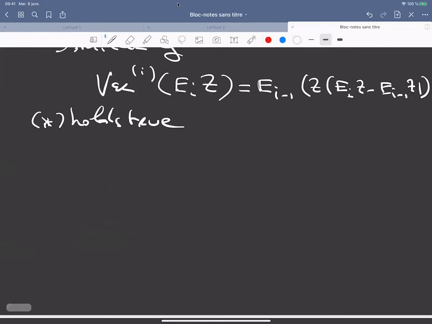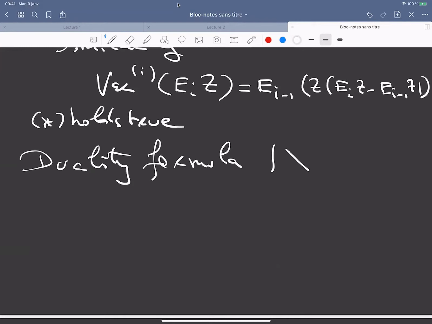And now we use the duality formula. We use it conditionally to xi.